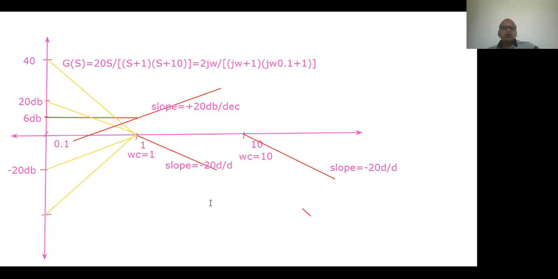Then draw an asymptotic magnitude plot. Select a dark blue and then we'll draw starting from this origin. We'll start to sketch from the origin.